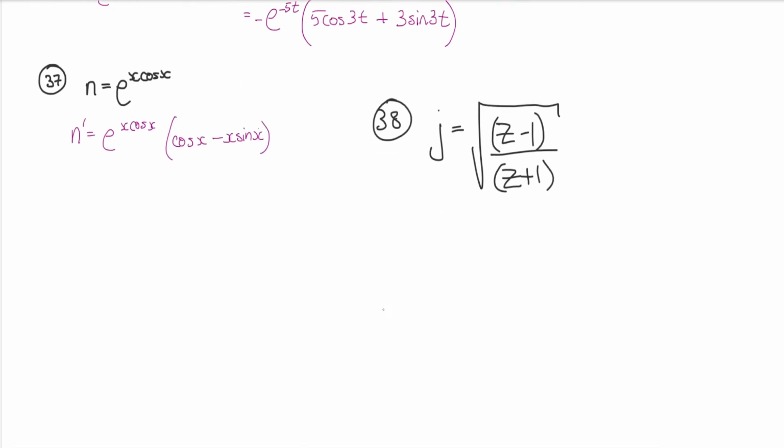So that's going to be a whole chain rule on the outside. So that is a 1/2 that will come out front of the outside. And then here we'll still have our z minus 1 and our z plus 1, but it will now be to the negative 1/2. Because this was to 1/2, and then we subtracted 1, which is negative 1/2.